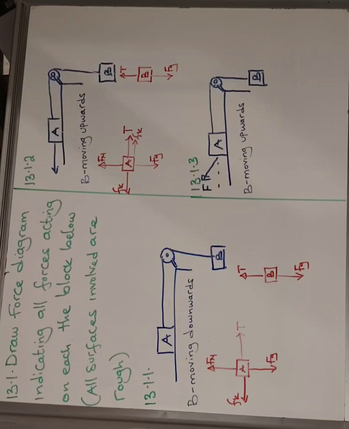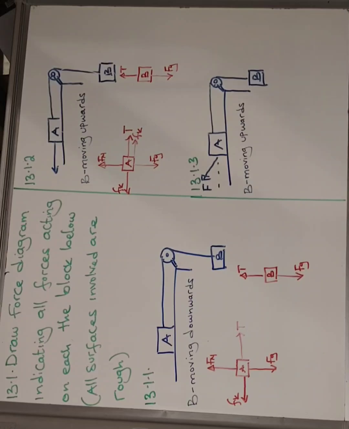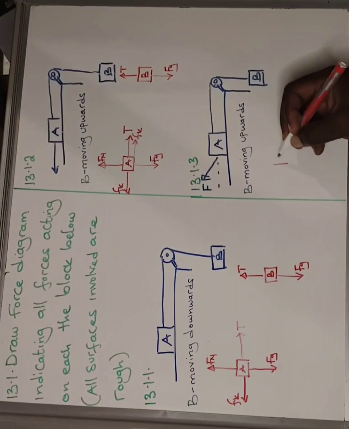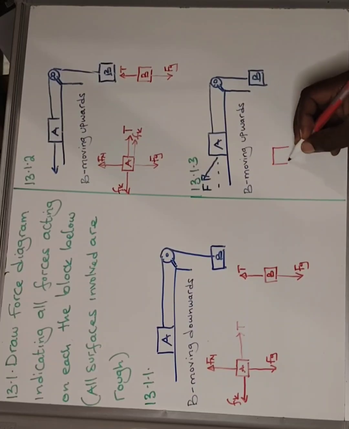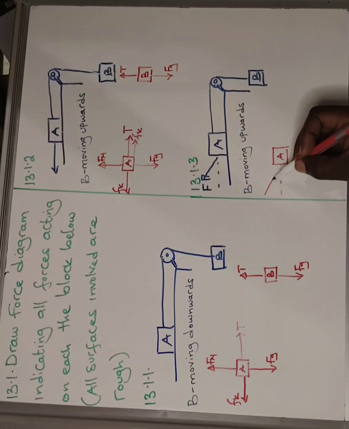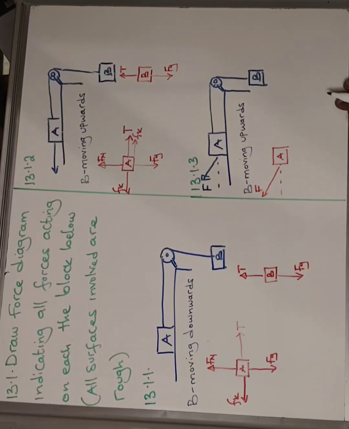Then comes this question. We are supposed to have a force diagram indicating all the forces on A and B. So let's look at A. What are the forces which are acting on our A? First of all, we know the applied force is acting at an angle. What else do we know?